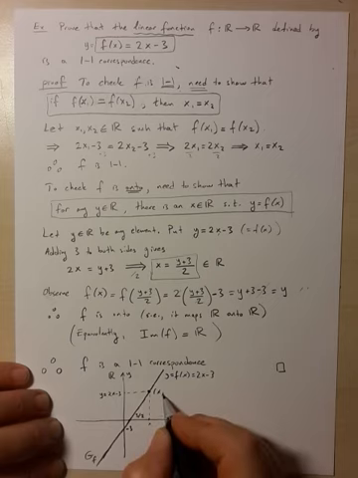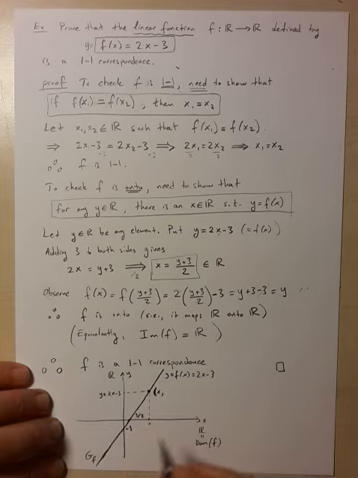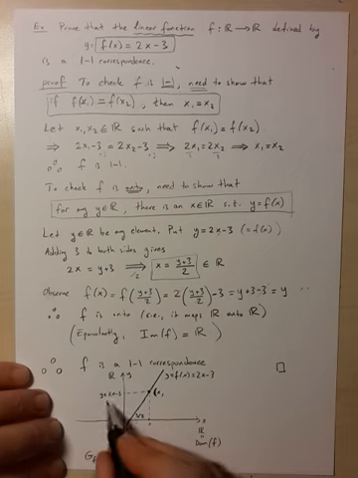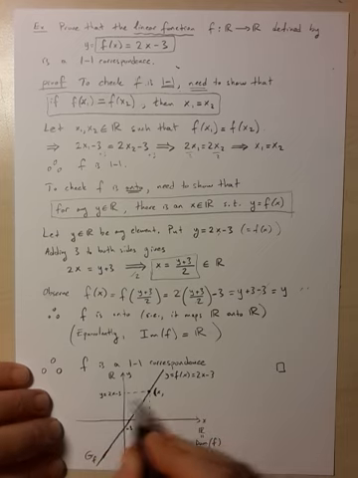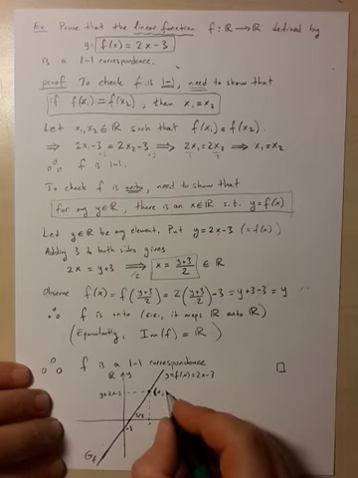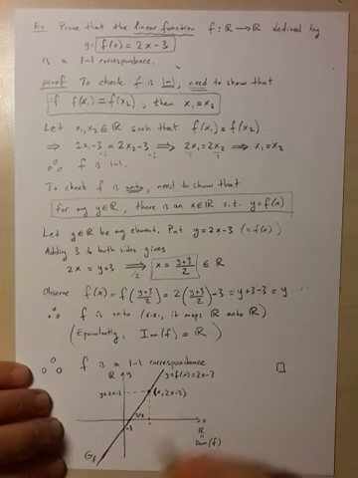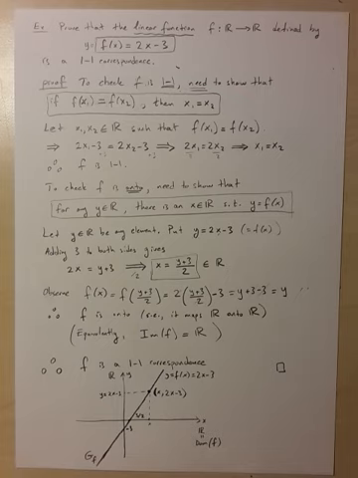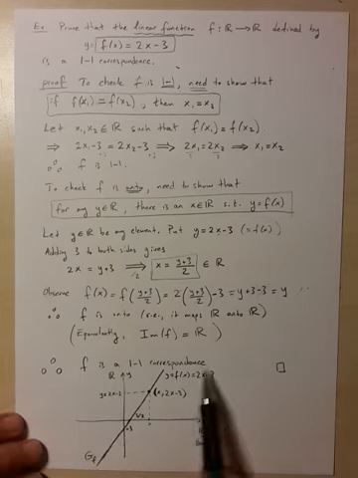So what is the corresponding point on the graph? If we have x, the y-coordinate of the point on the graph should be 2x minus 3, because this is the graph of f. So what we verified here, remember, is that f is a one-to-one correspondence.